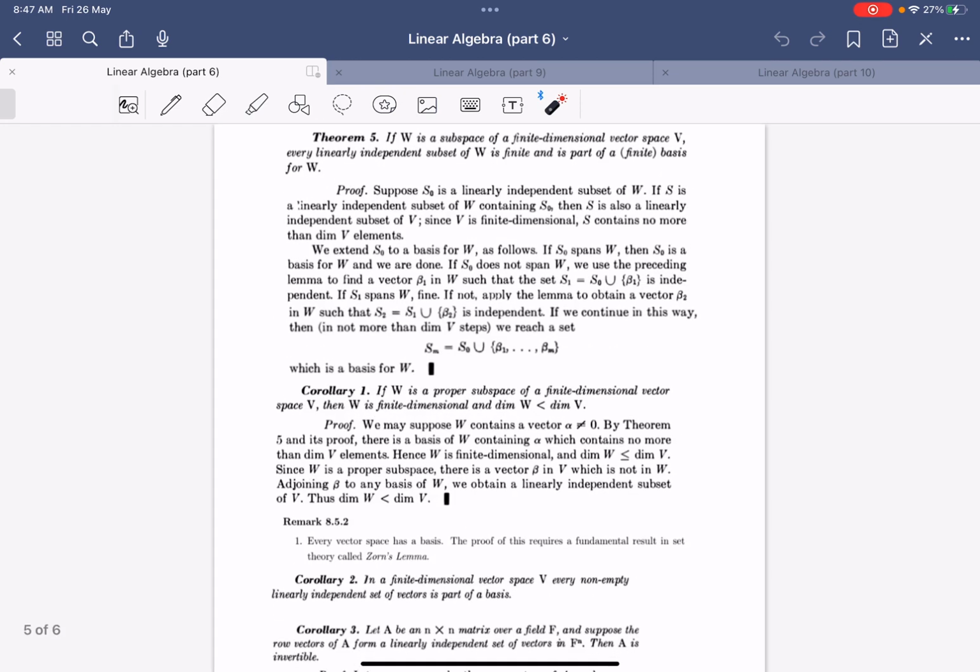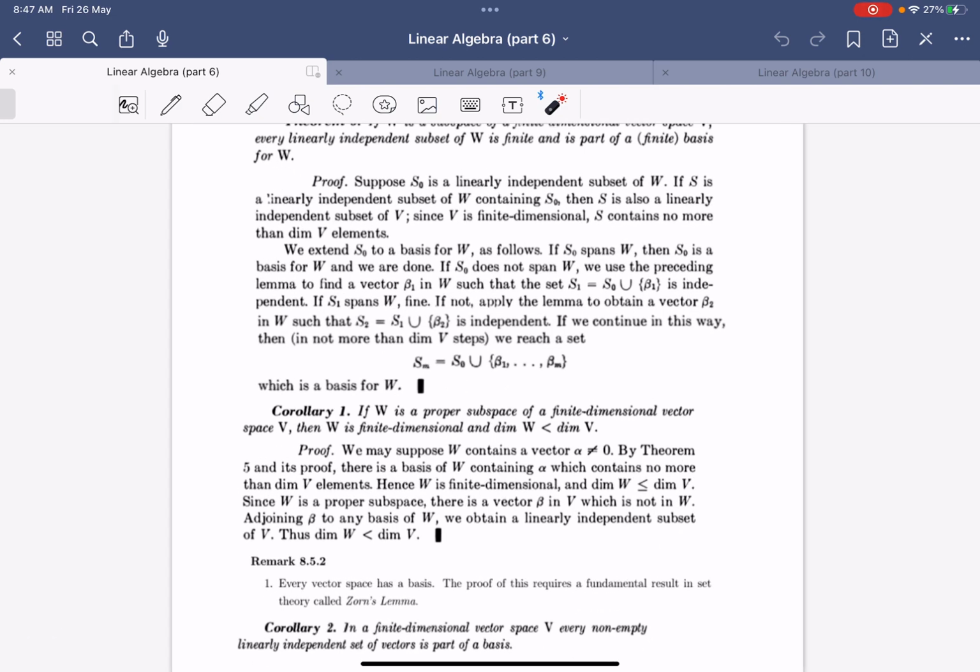As for theorem 5, we say that if W is a subspace of the finite dimensional vector space V, then every linearly independent subset of W will be finite and is a part of a finite basis for W. So it means that if you have a finite dimensional V already, then W will also have a finite basis.